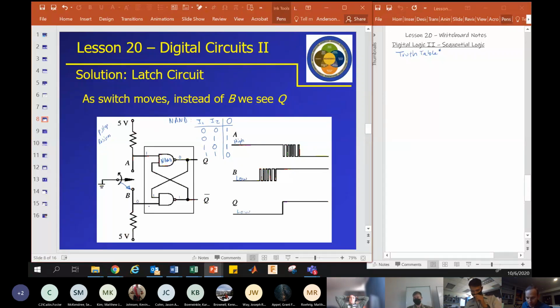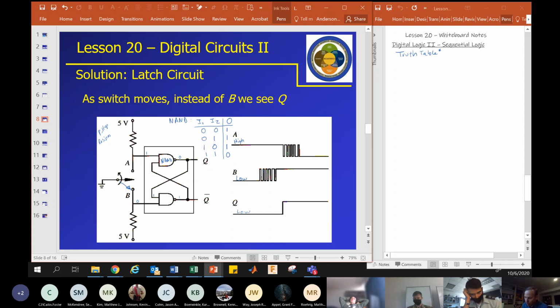And that won't happen until the switch starts to close. Once the switch starts to close, then Q will go high. So this would be high and this would be high, and Q naught will go low. And once it's low, it's going to lock A into being high. So we see that here in the notional timing diagram.